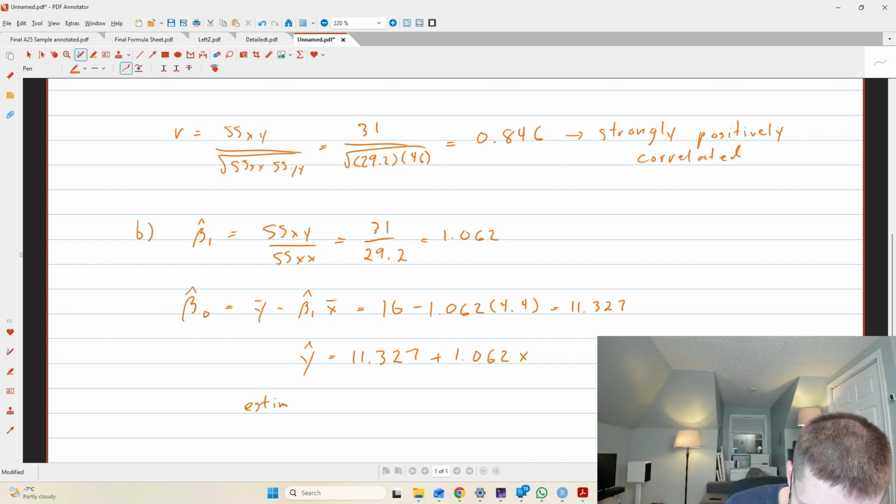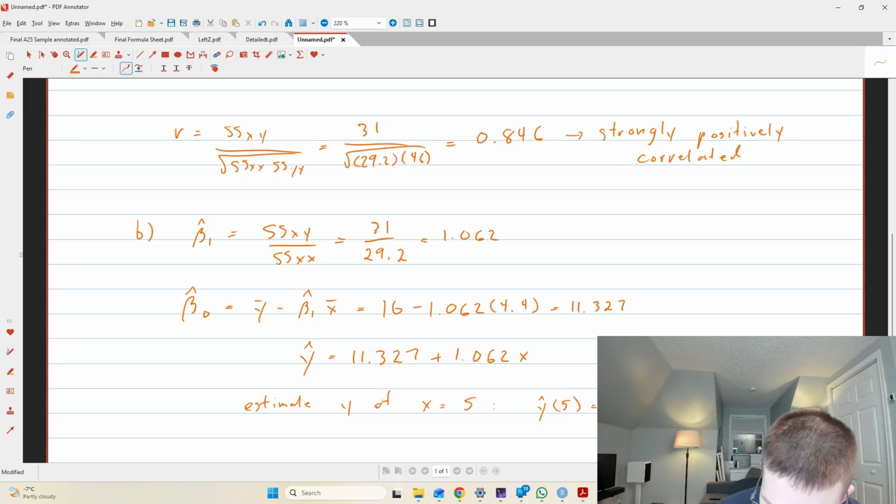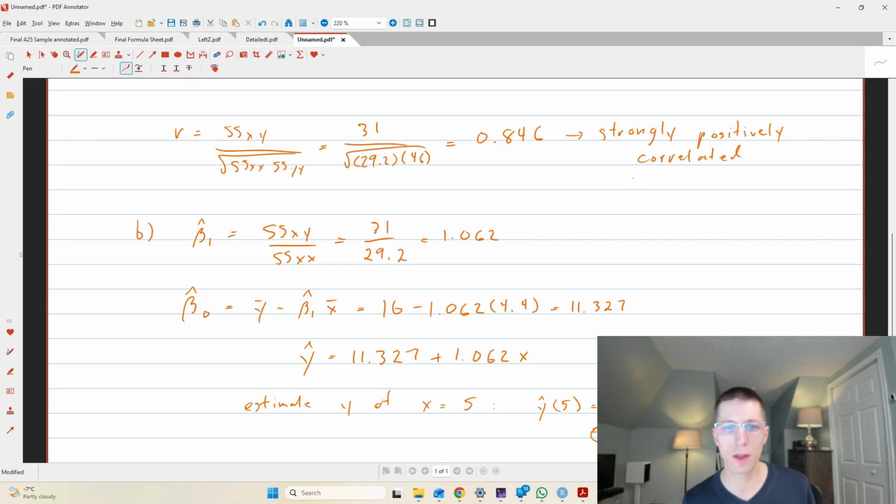So estimate y at x equals 5. I just plug 5 into the least squares line equation. So y hat of 5 is going to be 11.327 plus 1.062 times 5. That's going to work out to 16.637. So that's our estimate if they studied for 5 hours, what they'd get out of 20.